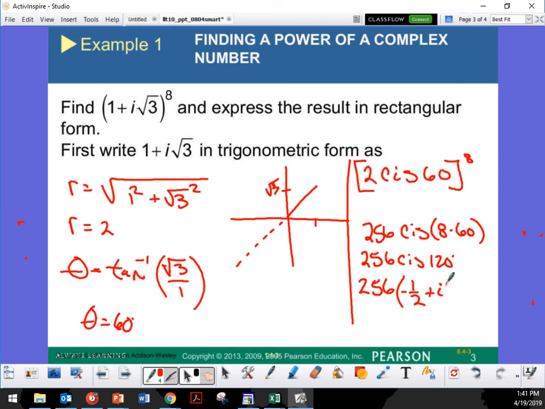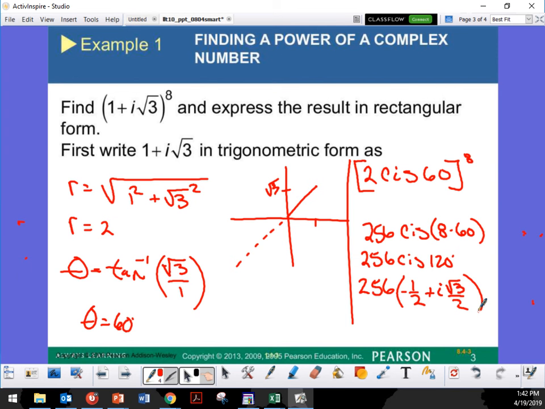Rad 3 over 2, right? Minus rad 3? No, it's not going to be minus, because 120 is in quadrant 2, isn't it? Yeah. Do you have a unit circle out there? Yeah.